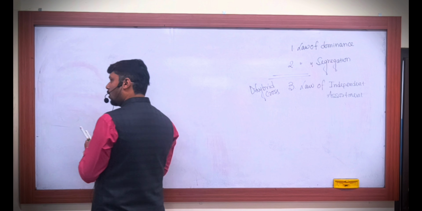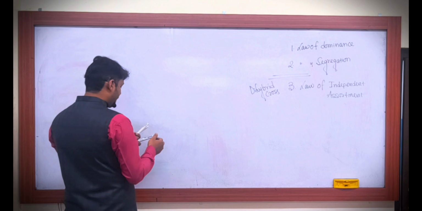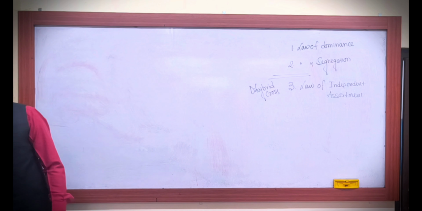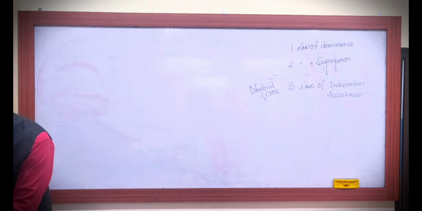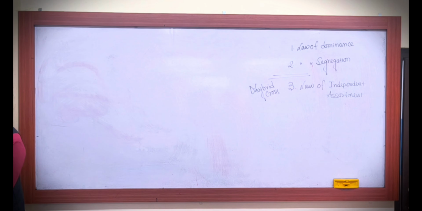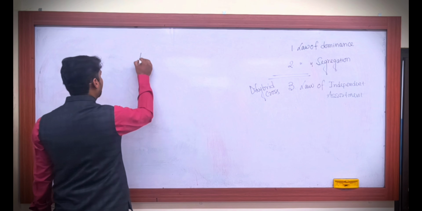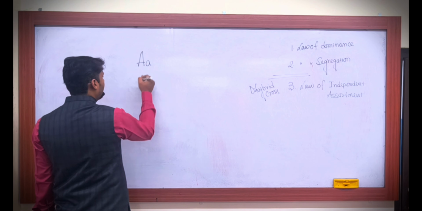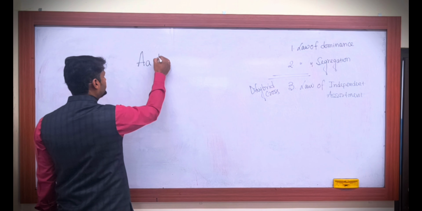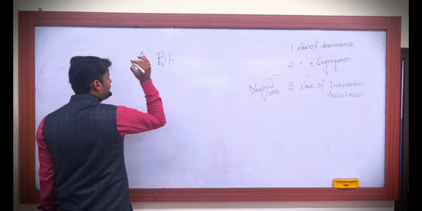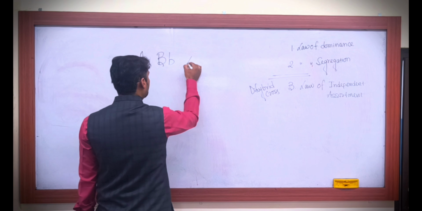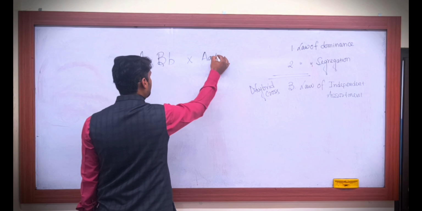Check how the law of independent assortment is applicable. Let's say the given situation is capital A, small a, capital B, small b, crossed with the same.